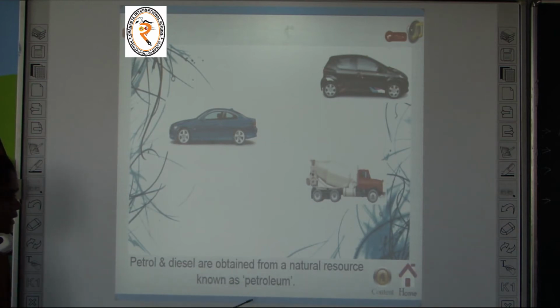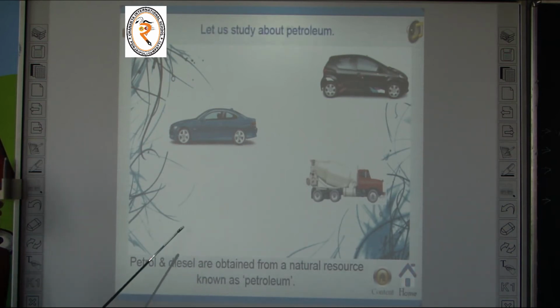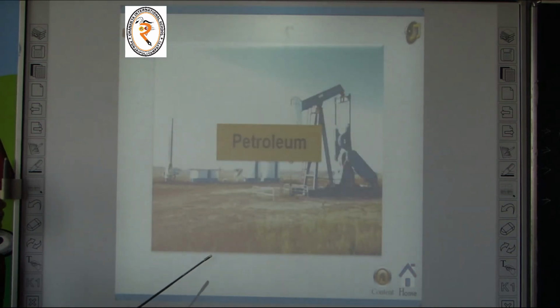Petroleum is a natural resource found on earth. So we can get petrol and diesel from petroleum. So petrol and diesel are the products of petroleum. Let us study about petroleum.